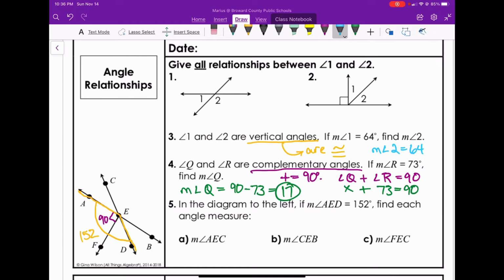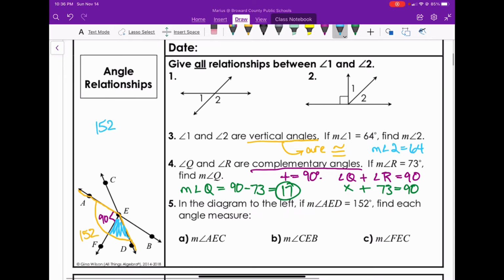So to find this sliver, FED or DEF, we would have to do 152 minus 90, which is 62.